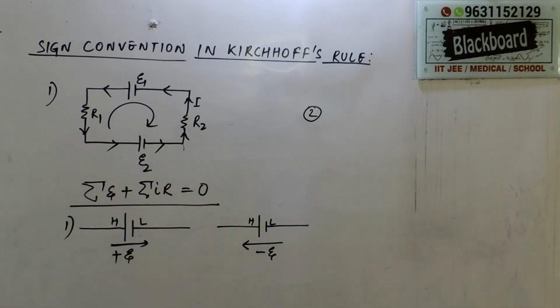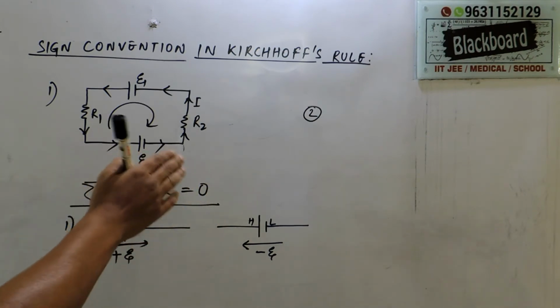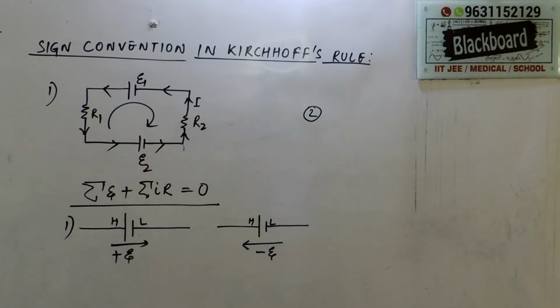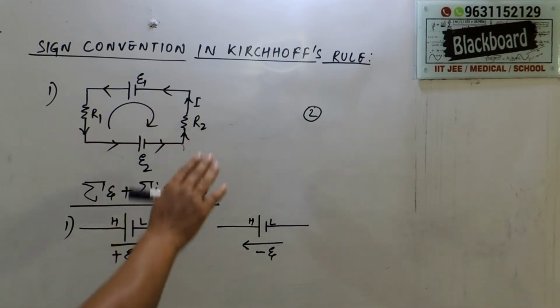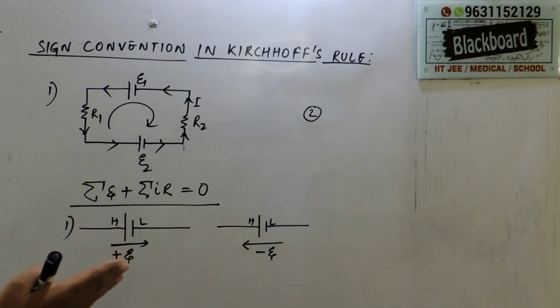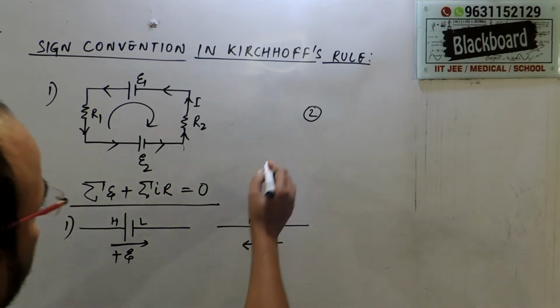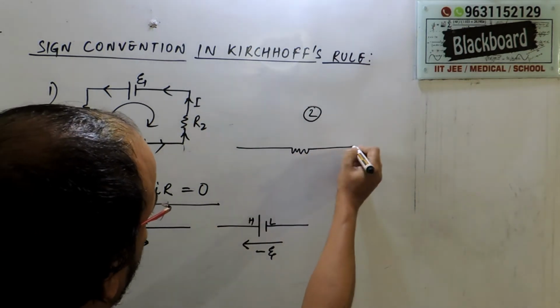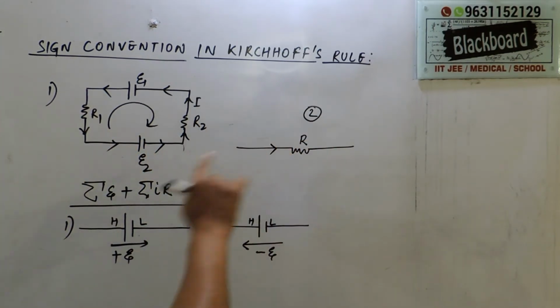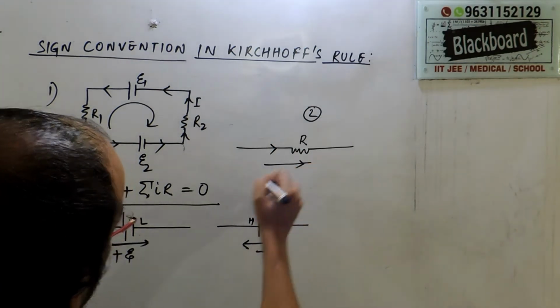While traveling along the direction of current through the resistor, the potential drop IR is considered to be positive. While traveling opposite to the direction of current, the potential difference IR is considered to be negative. For example, if your resistor is like this one, this is resistance, and current is flowing in this direction, and our sign convention is like this.